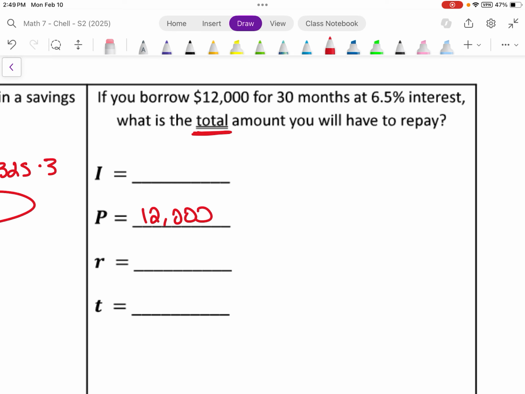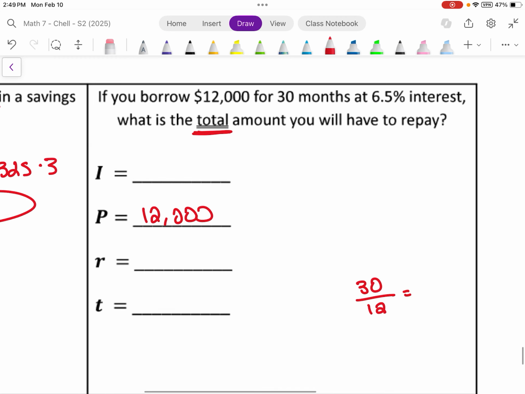So what we're gonna do is convert that into years, okay? Divided by 12, which would equal 2.5 years. Now we have an interest rate of 6.5%. And again, we're going to convert that, so we'll get 0.065.